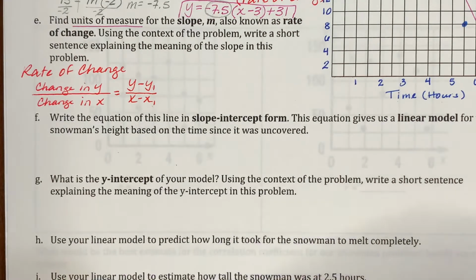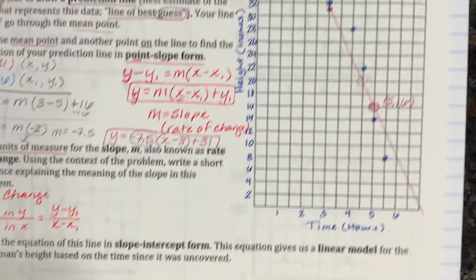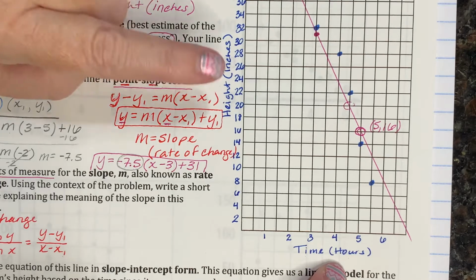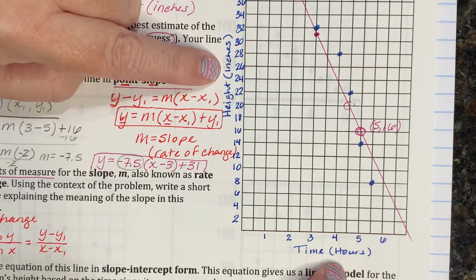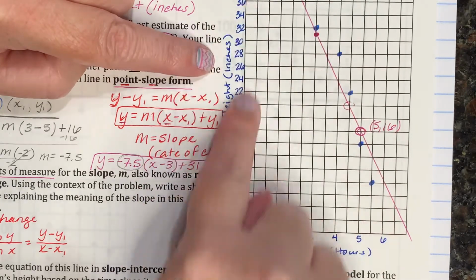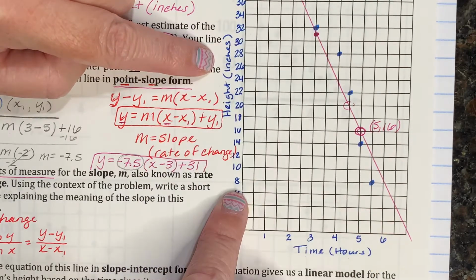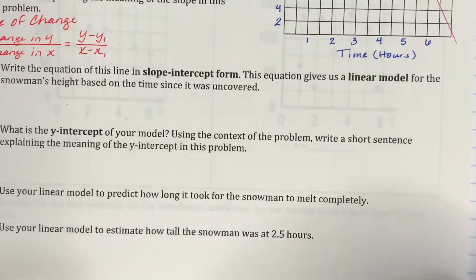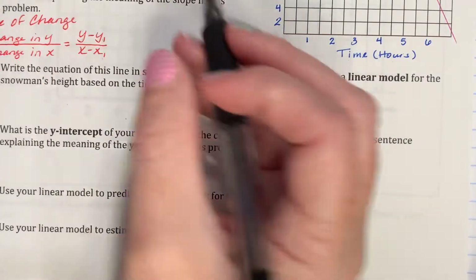So when we're looking at our snowman, we were looking at time in hours and height in inches, but specifically it's the change in height over the change in time. Let's write that out. What are our units of measure?